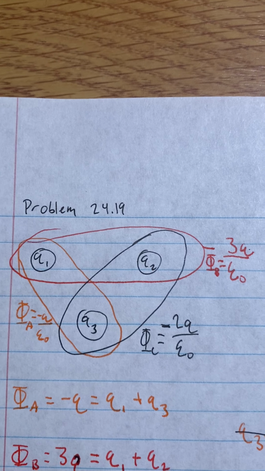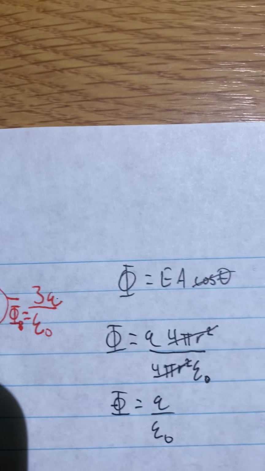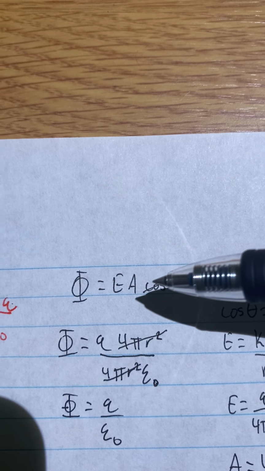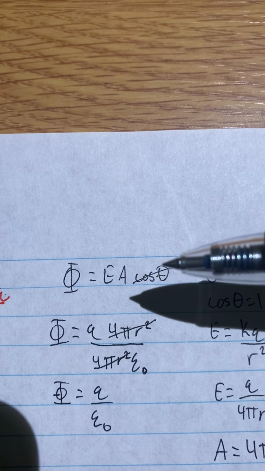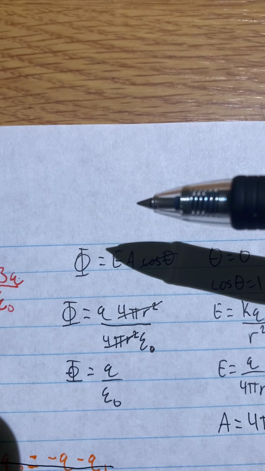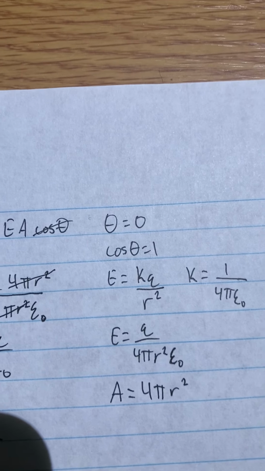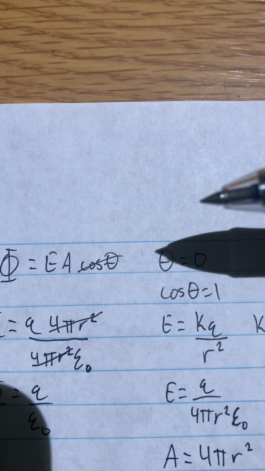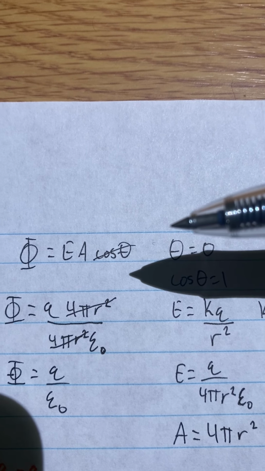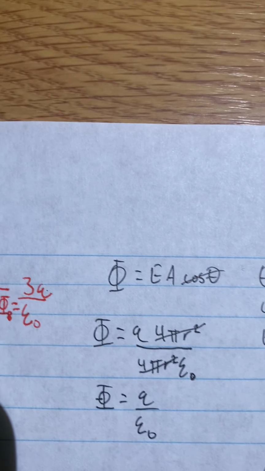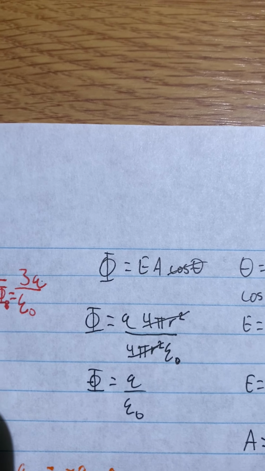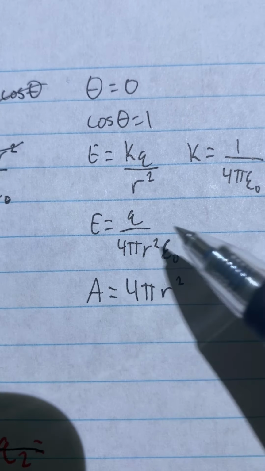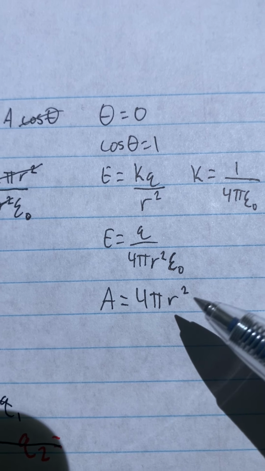The way to do that would be to first use the equation to solve for flux, which is the electric field vectors times the area vector times the cosine of the angle between the area and the electric field vectors. The area of the point charge is basically the surface area of the charge, and we know that the point charge is a sphere, and the surface area for a sphere is 4 pi r squared.